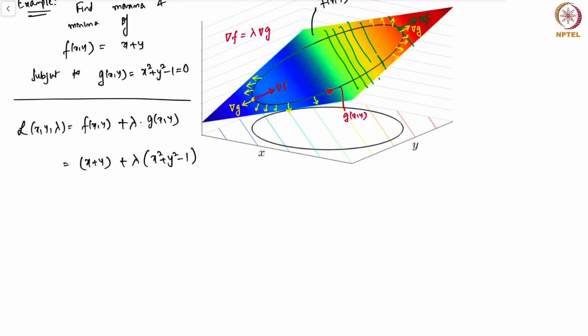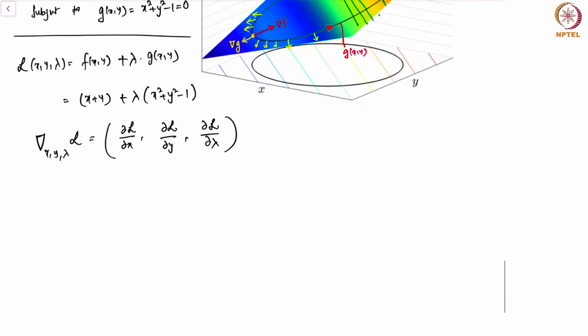Now the gradient of this Lagrangian function involves 3 derivatives, by the way. What are the 3 derivatives? It involves derivatives with respect to x, with respect to y, and we have introduced a new variable, that is lambda. This quantity is del L by del x, del L by del y, del L by del lambda.